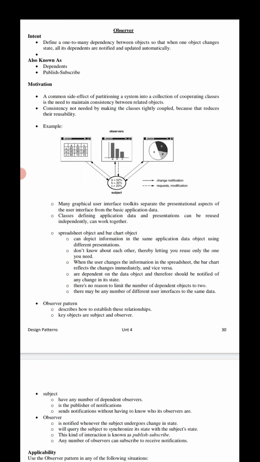Here, what I mean is the intent defines a one-to-many relationship: one channel with so many subscribers, that is, many dependencies between those objects. So when one object changes state, all its dependents are notified and updated automatically.